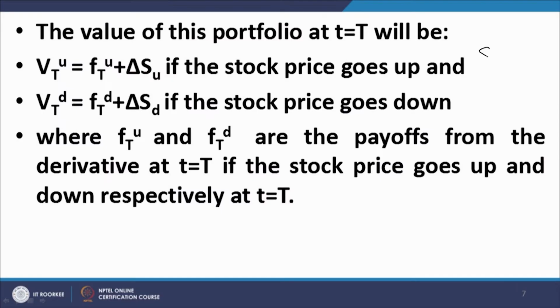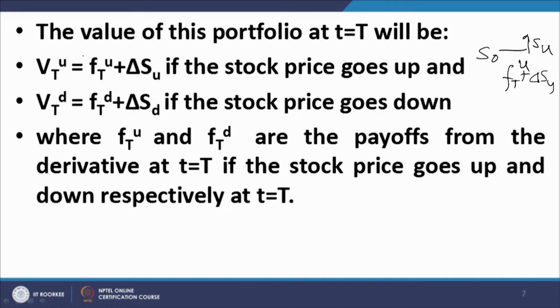Let us assume that the stock price goes up from S0 to SU, and let us assume that the derivative's payoff if the stock price goes to SU is given as FTU. Then what is the total value of the portfolio if the stock price goes up? That is equal to FTU plus delta into SU.